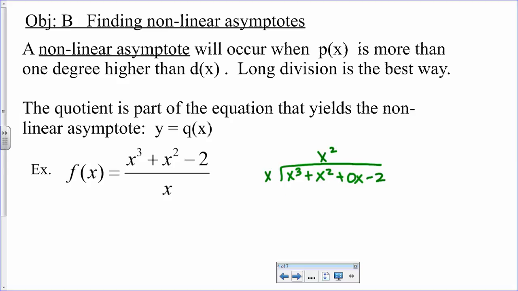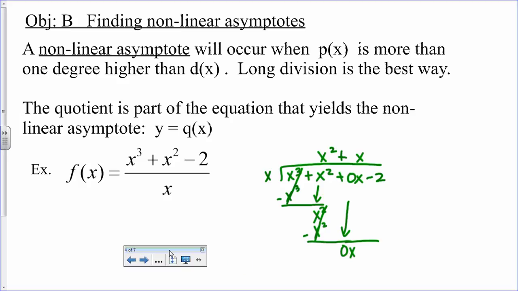Okay. So that cancels, bring down x squared. What do you multiply x by to get x squared? X. Okay. So x squared, subtract your 0x.